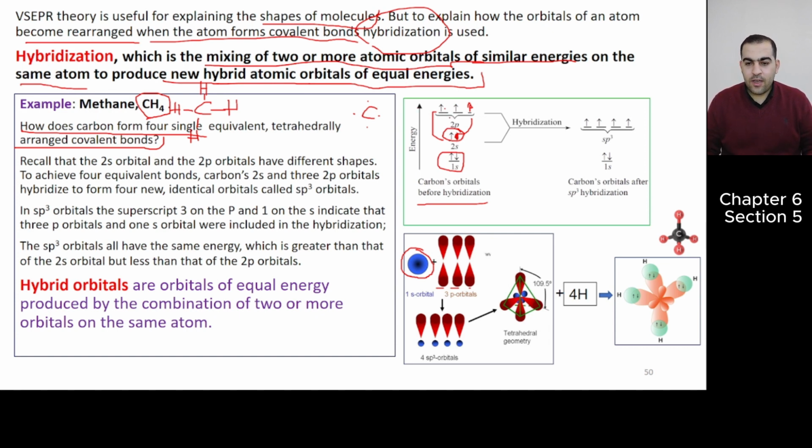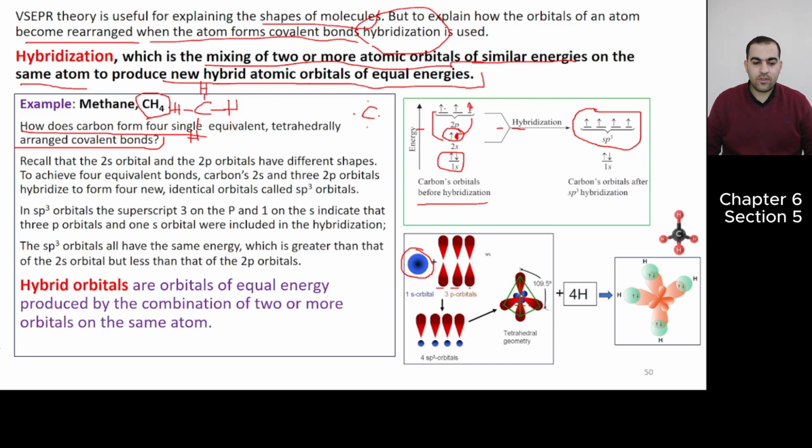So now there are 4 unpaired, they get together. When they combine, they make 4 new orbitals of equal energy. Look, the energy is right here, they're all the same. Now there are 4 unpaired electrons in 4 new orbitals. We call them hybrid orbitals.